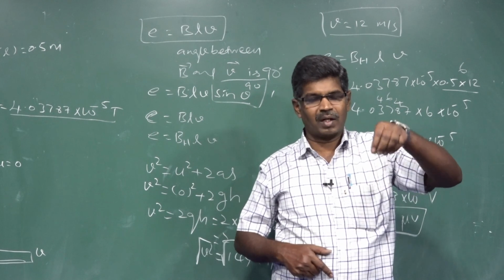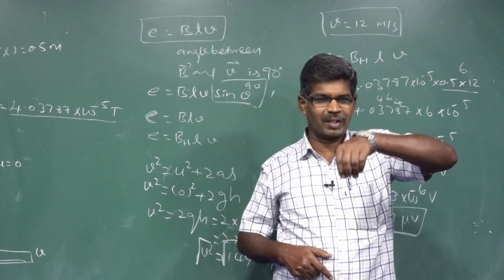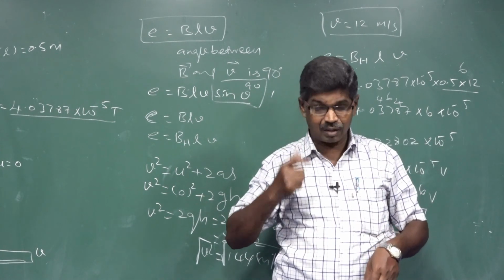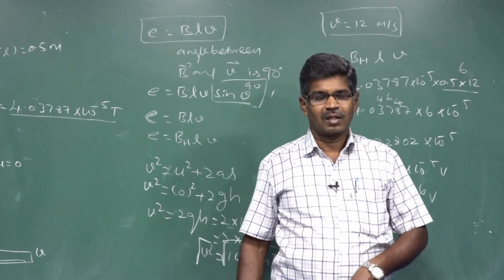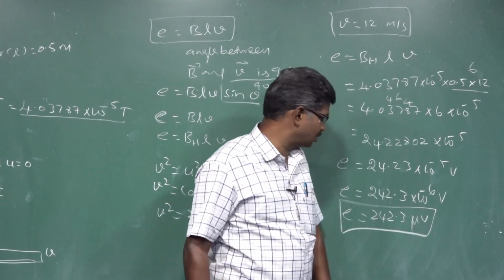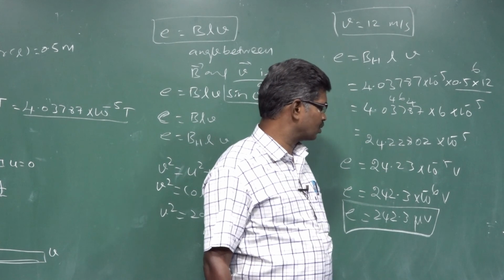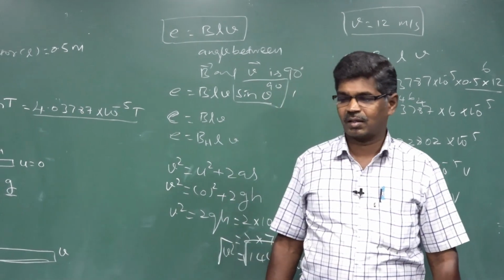When a number of lines cut the rod in a particular time, EMF is induced according to Michael Faraday's concept. With the rate of change of magnetic flux, EMF is induced. That induced value is 242.3 microvolt. So problem 4.8 is completed.